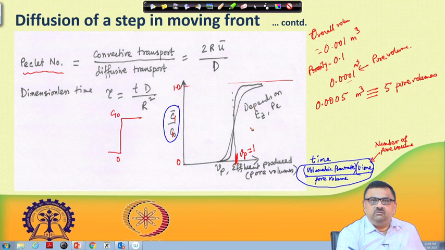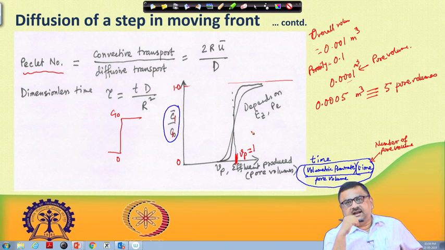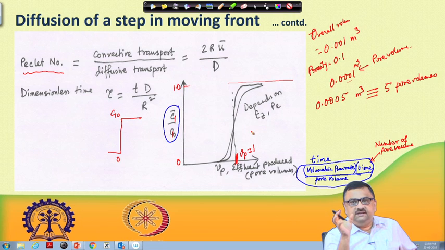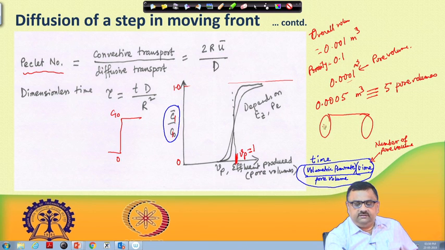So, if a porous medium is given and somebody runs such a test, suppose there is a core and they are asked to run a test, one can put 2 reservoirs.